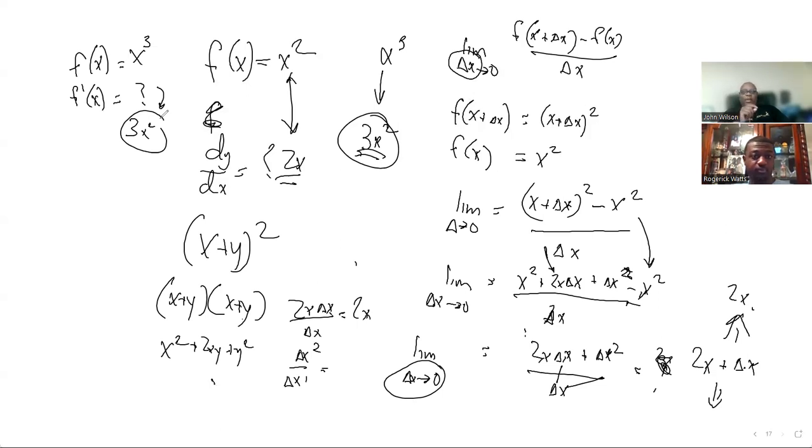If you don't get 3x squared, some of your arithmetic was wrong, or the way you placed your x plus delta x was wrong, or maybe you multiplied out wrong. But tomorrow we'll do 1 over x. What's the derivative of 1 over x? So I have 1 over x plus delta x minus 1 over x, all over delta x.